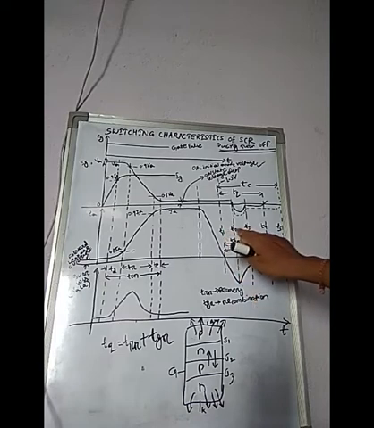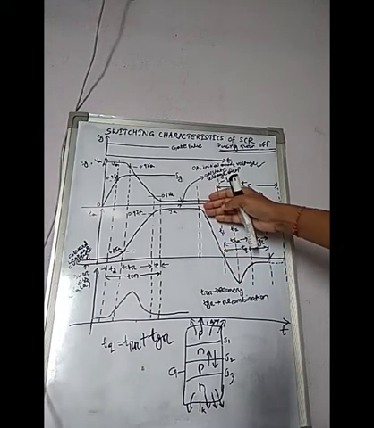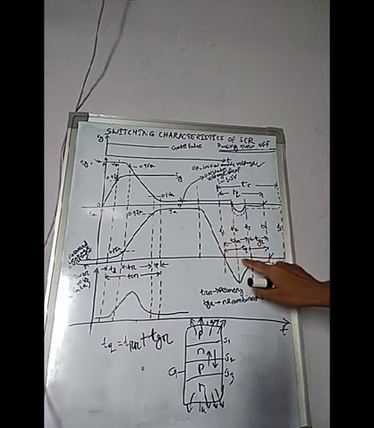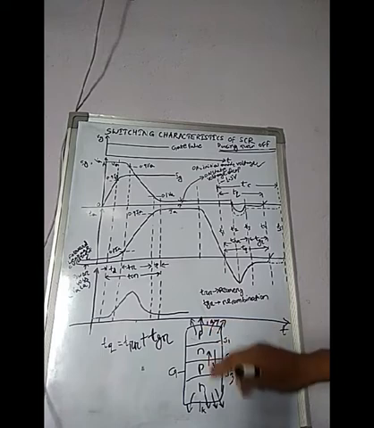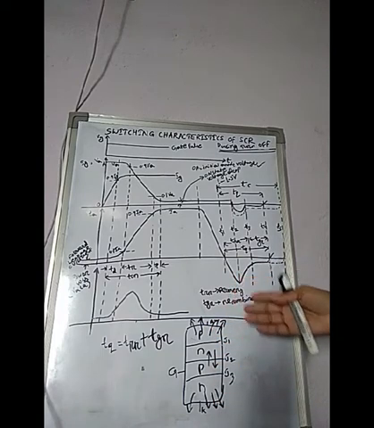From T1 to T2 it follows the same di/dt slope as before. From this instant to this instant, 60% of the charge carriers from the two outer layers, P and N, are removed.